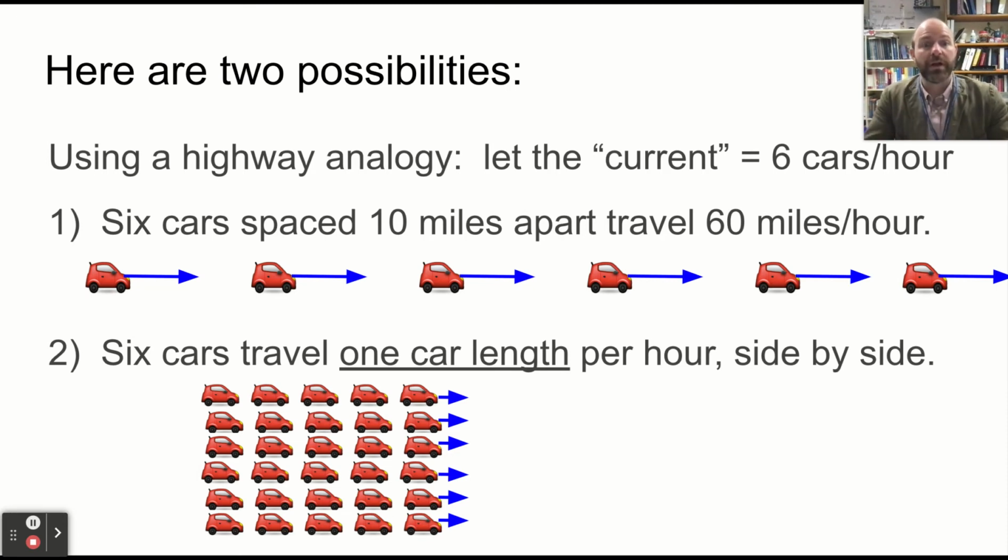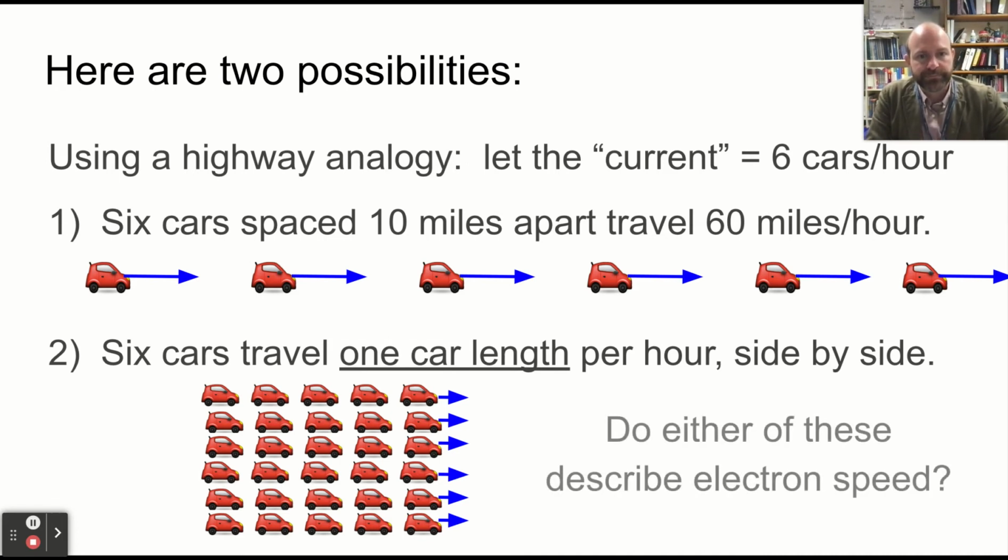But the total car current is the same. The same number of cars cross that line in an hour. So very different scenarios. One is very spaced out, but traveling very, very fast, one after another. Another is 6 cars moving very, very slowly, all in parallel with each other, crossing that line.